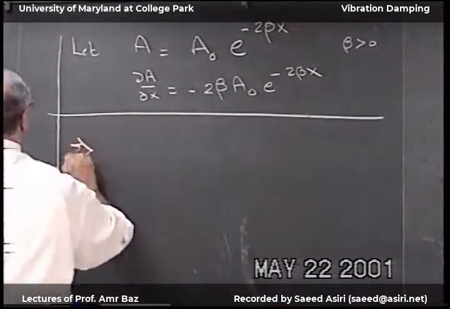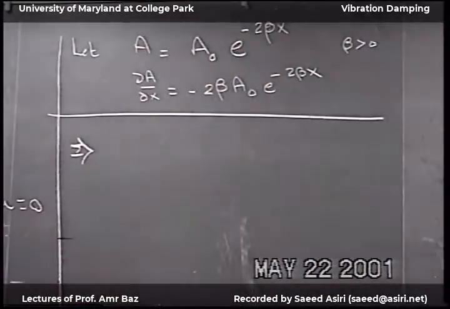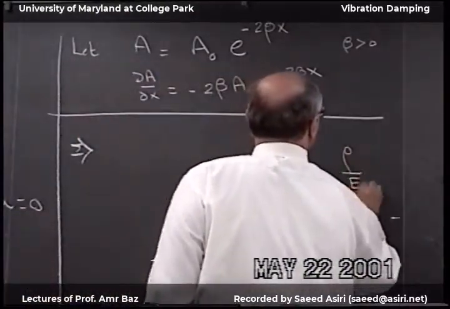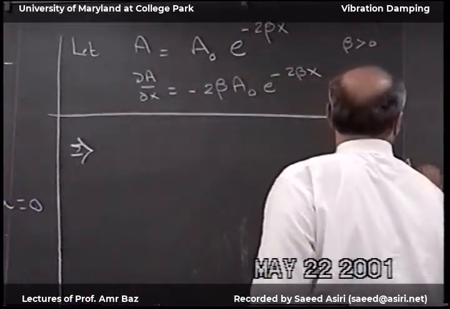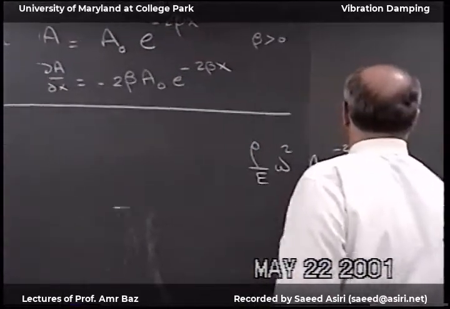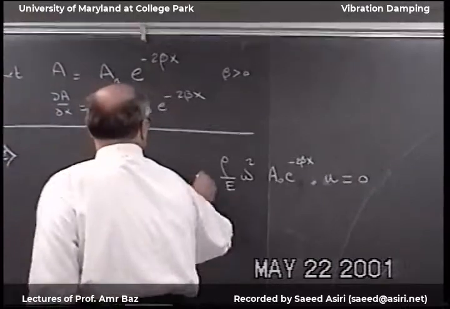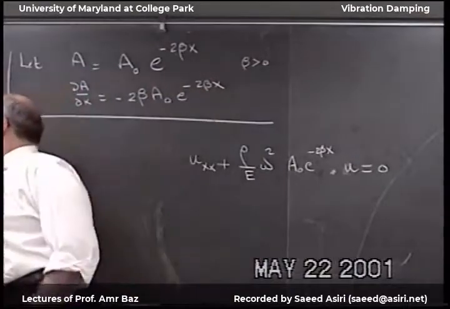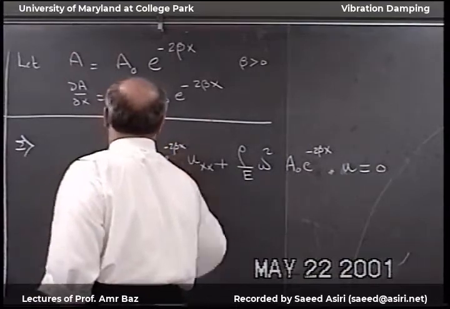And now here, I'll divide by E, so this will be rho over E omega squared, and I replace the A by A0 e to the minus 2 beta x, and then u is equal to 0. So this is the last term, then plus u xx. And then I divide it by E, so I replace A by A0 e to the minus 2 beta x.